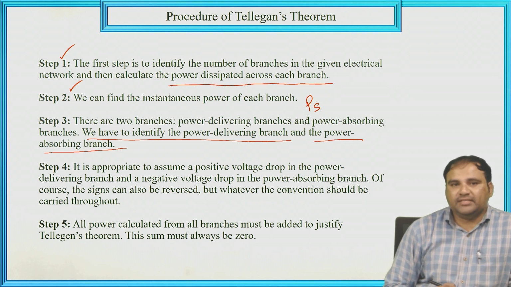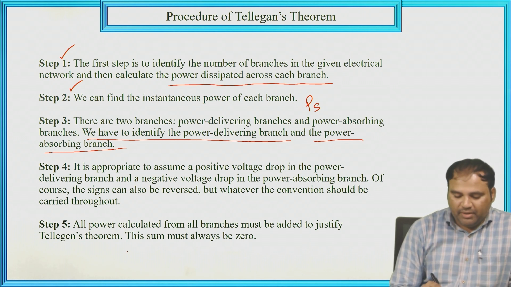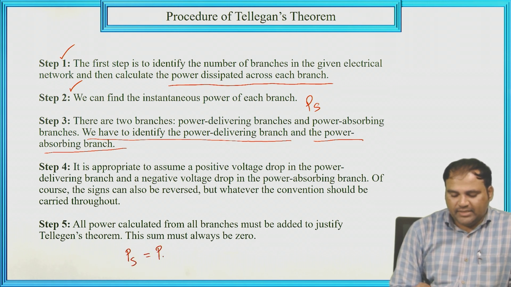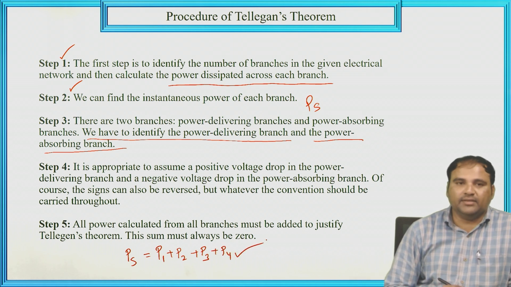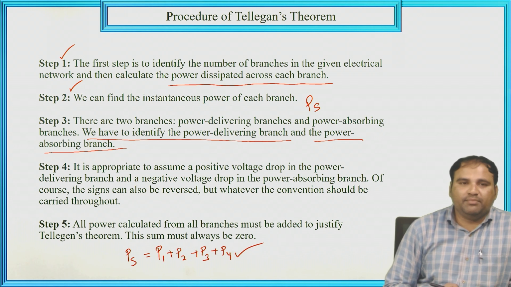So how can we justify Tellegen's theorem? Power from the source is equal to the power from resistor R1, power from resistor R2 and power from resistor R3. Suppose resistor 4 is also there, that is power from resistor 4. So PS is equal to P1 plus P2 plus P3 plus P4.